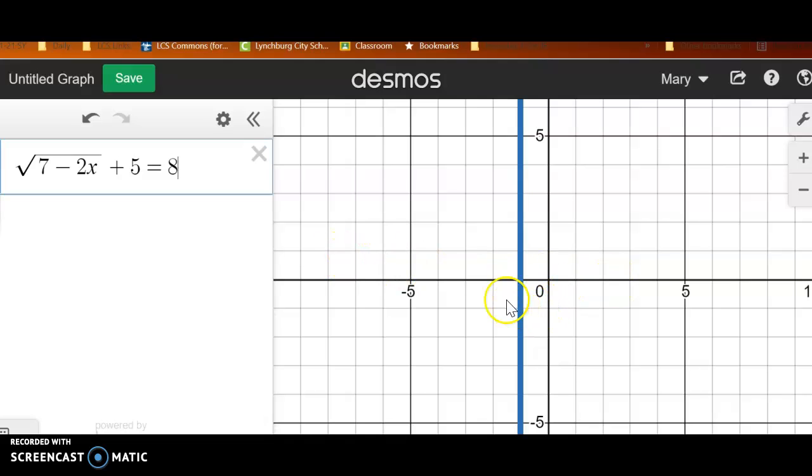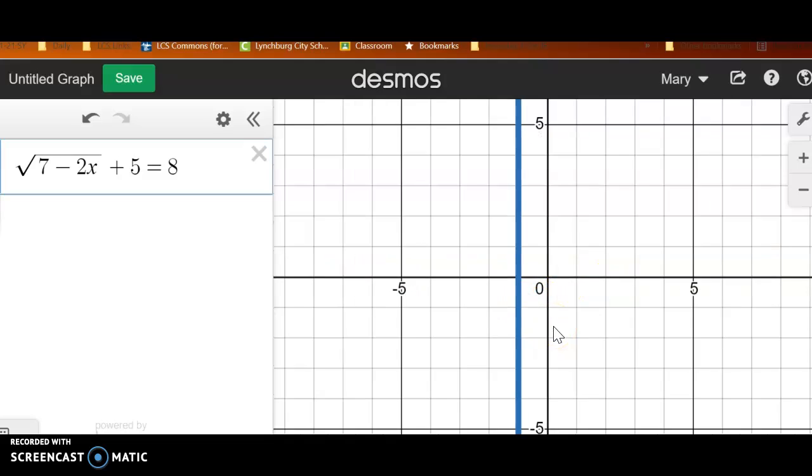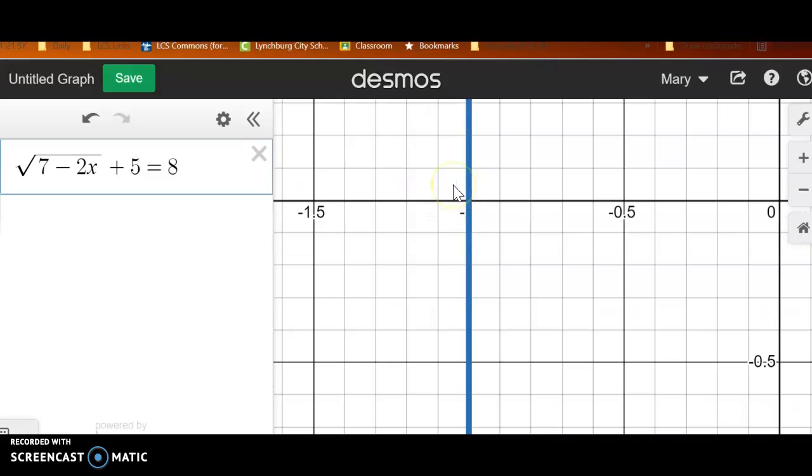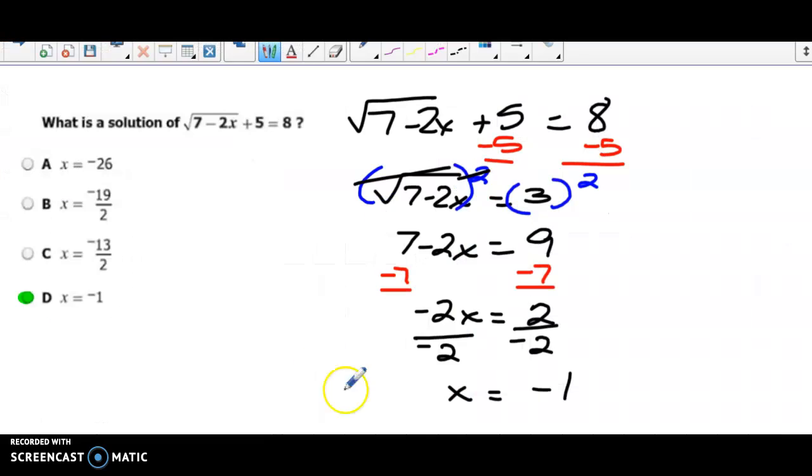So we have a solution here, and it looks like, yep, it's on -1. So that is our answer, and it does check. So our answer for this one is -1.